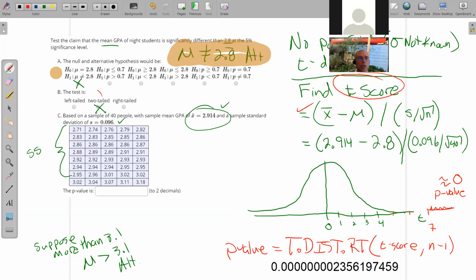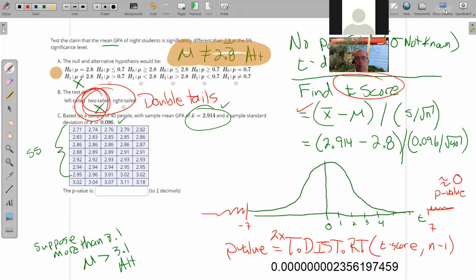Because this is a two-tail test, we have double tails. Most people had trouble with this way back when we were doing these hypothesis tests because they forgot their other tail that they're supposed to mirror out here. So that would have to go with a value of -7. T-distributions like a normal dist are symmetric. So my p-value is actually 2 times this because it's a two-tailed test.